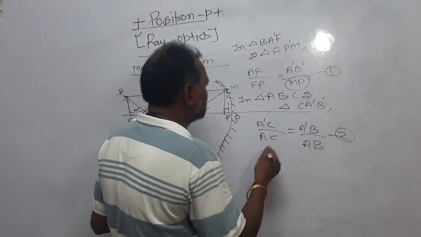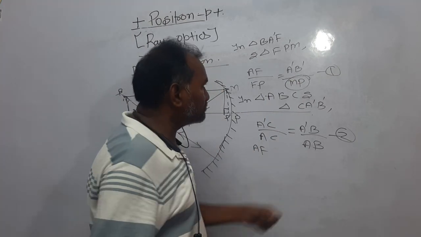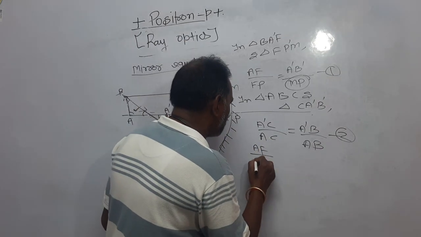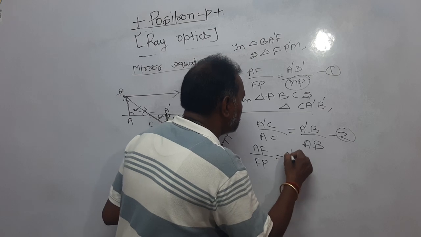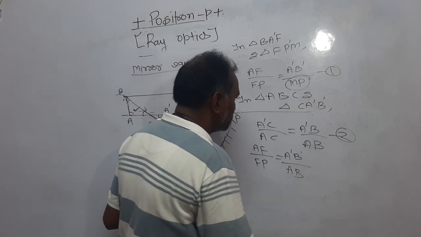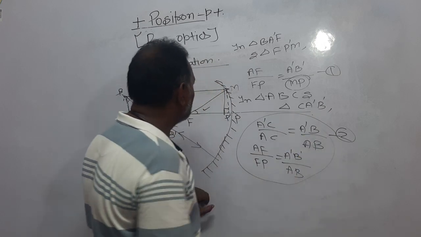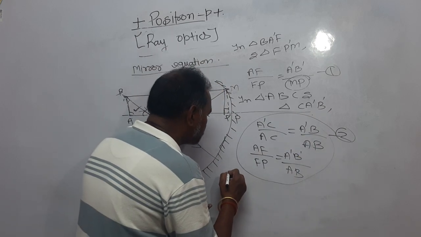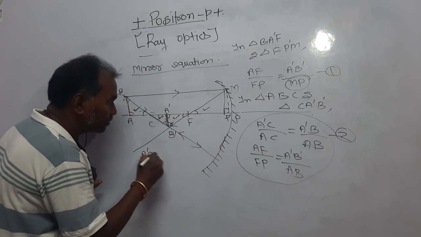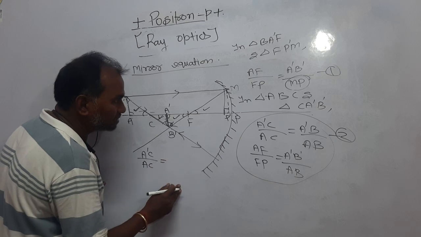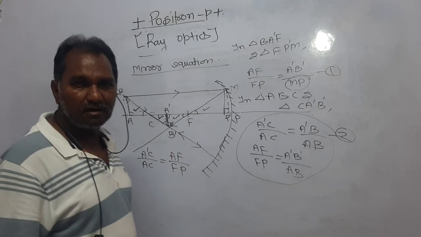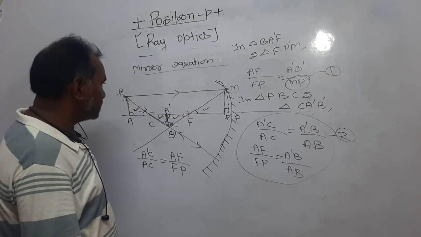So you can write like this, with some modification in equation 1, that is AF over FP is equal to A dash B dash over MP, where I am replacing MP by AB. Now, dear student, compare these two. That is, I am writing here, A dash C over AC is equal to AF over FP. We have got this. Now, dear student, consider one by one.